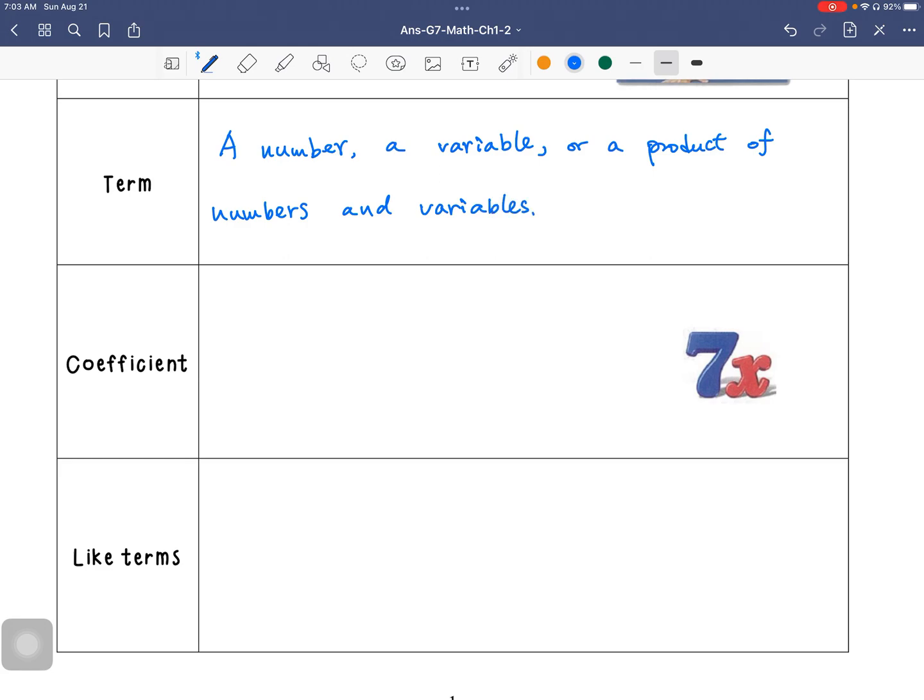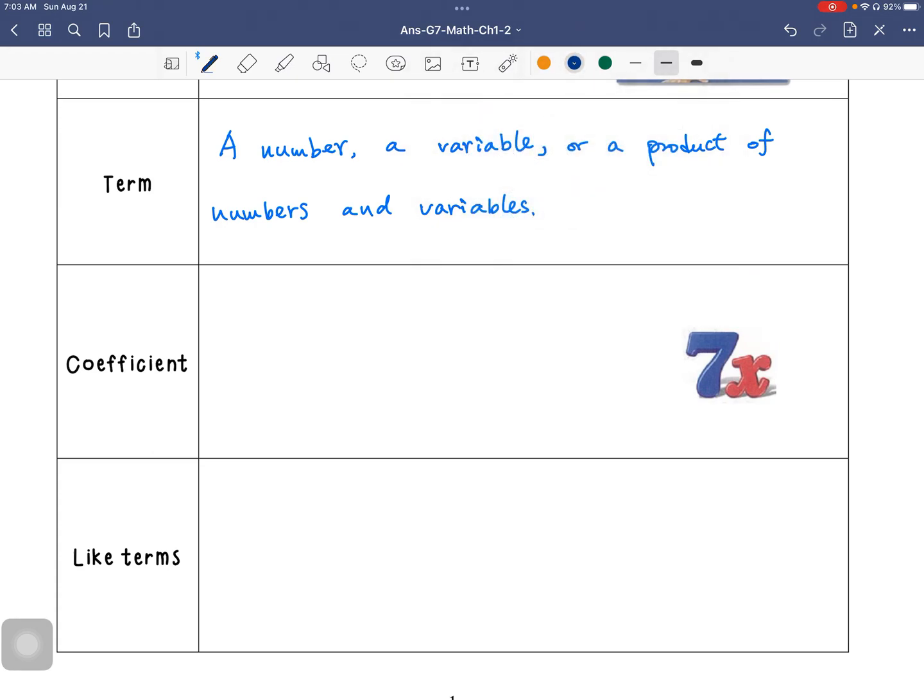Terms in an expression are separated by plus or minus signs.